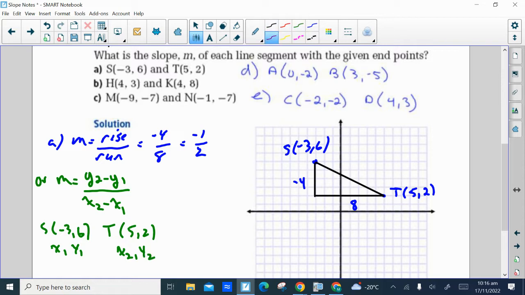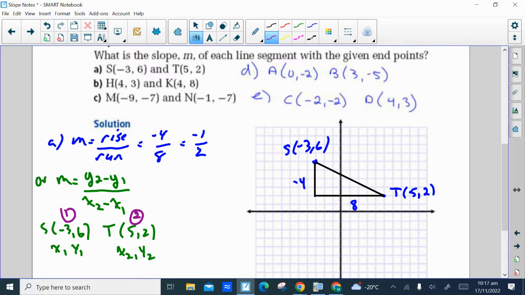So again, you have to designate one of the points as being point 1, the other as point 2. And it doesn't matter which way you do it. I could have let T be point 1 and S be point 2. You'll get the same answer in the end if you do it correctly. But I just said because S was given first, that's point 1. So the -3 is the x value at point 1. The 6 is the y value at point 1.